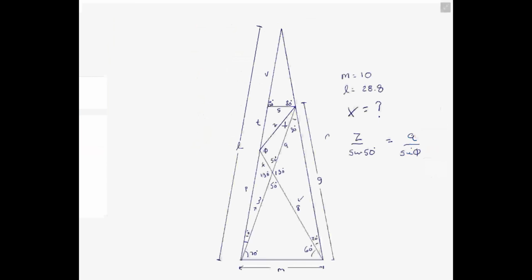So we need to find these sides on the triangle in the middle, where X marks the spot, the inside triangle.